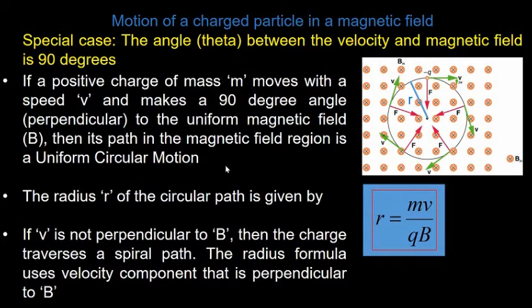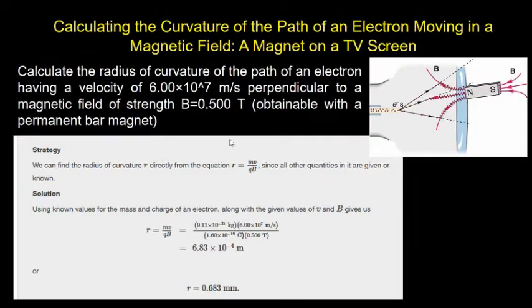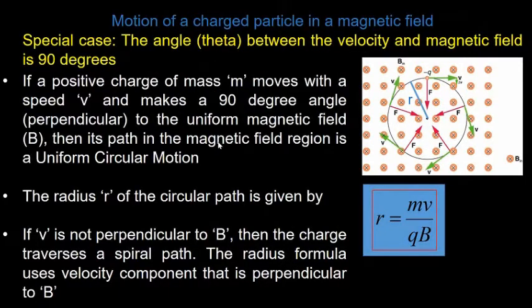Then the positive charge of mass M moves with the speed V and makes a 90 degrees angle to the magnetic field, as we discussed.